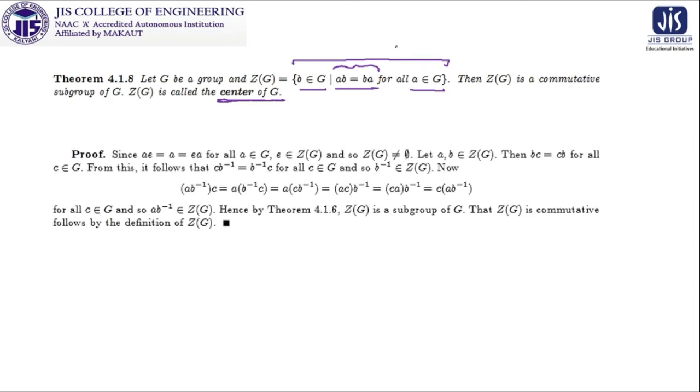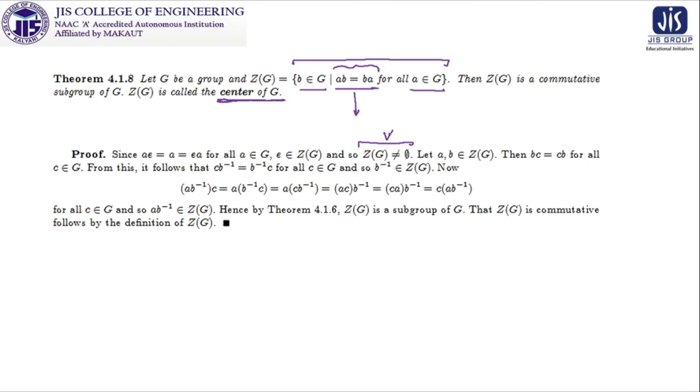Now we can prove also that it is going to be a subgroup, though it is not very much linked. Still you can follow this: if AE is equal to A is equal to EA for all A in Z(G), then E is in Z(G), because E follows this particular property for all elements. Then we can consider A in Z. So our first target, that Z(G) is non-empty, is proved.